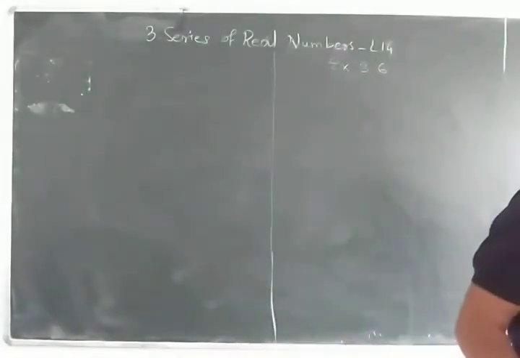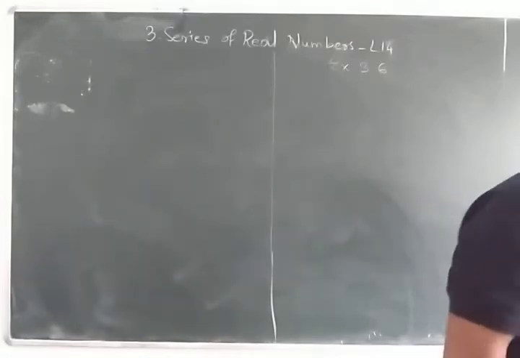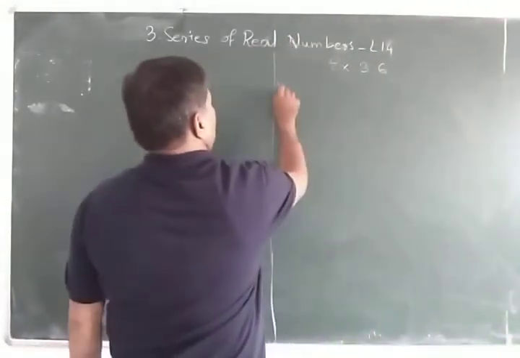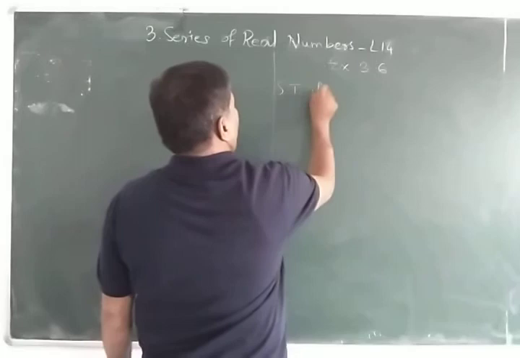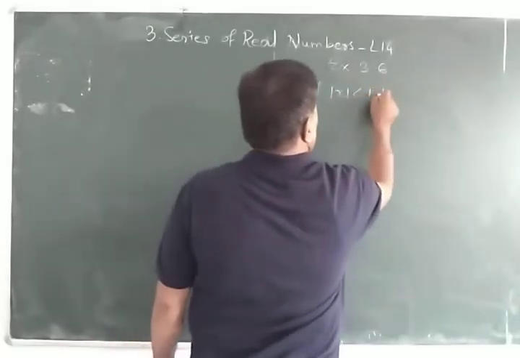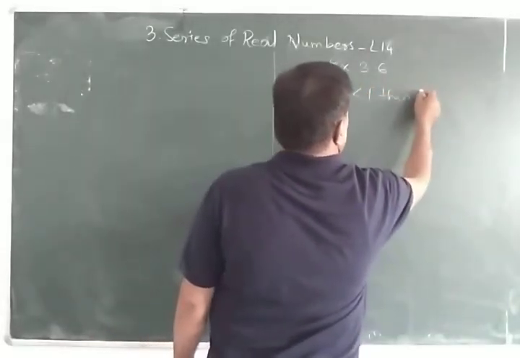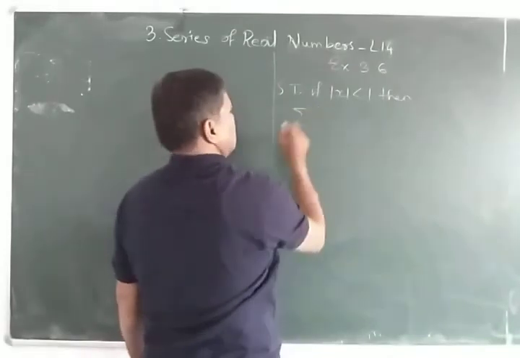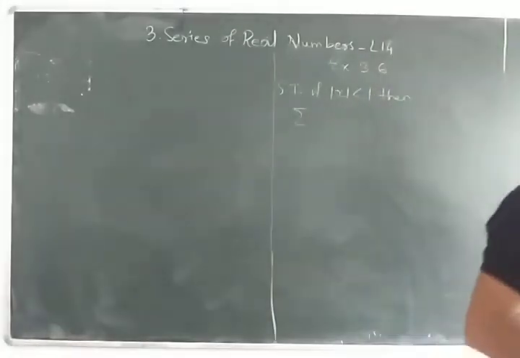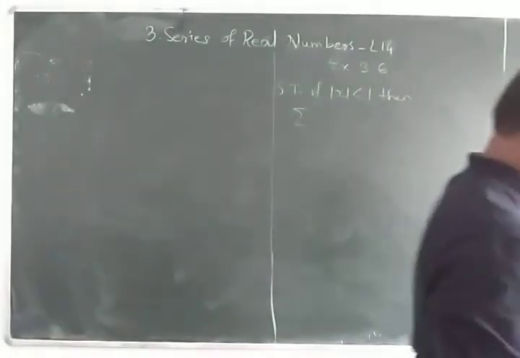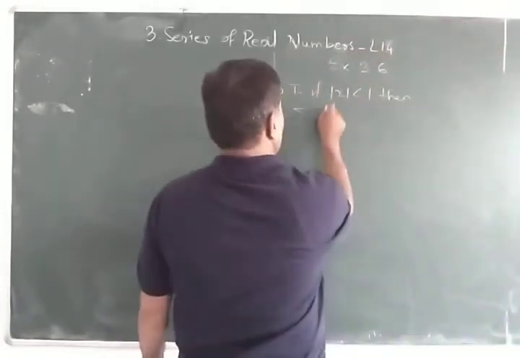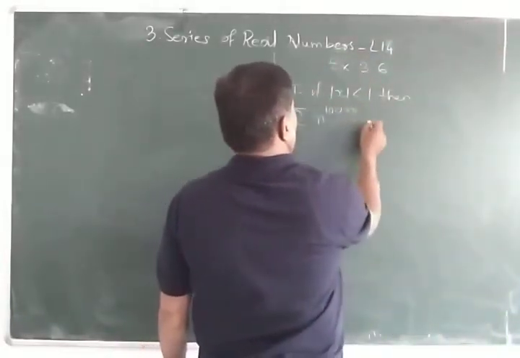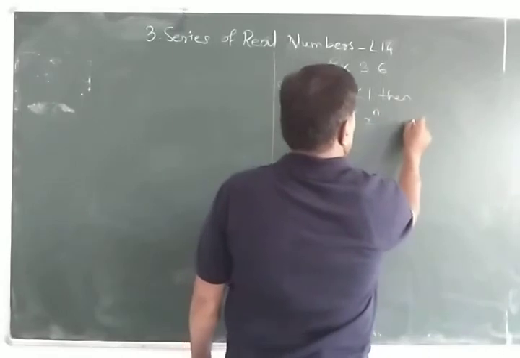Show that if mod x is less than 1, then summation of n raised to 10,000 into x raised to n converges absolutely.